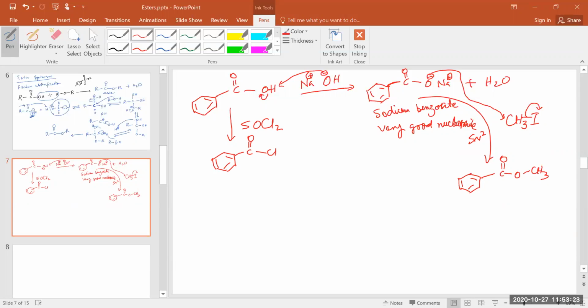This is a very typical reaction to convert OH, either the OH of an acid or of an alcohol, to the corresponding chloride. If you want to make bromide, then you have to use PBr3.